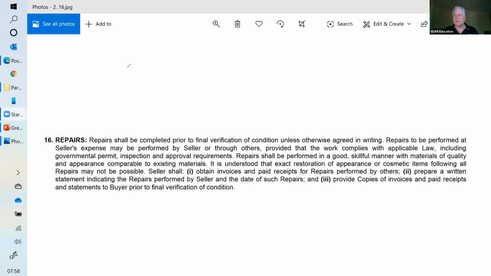Instead we focused our energies on the other forms we had to create, a whole bunch of forms to respond to the issues at hand. So the good news is you don't have to worry about an update to the RPA until December of 2021. I'm sure we'll have plenty to talk about at that time.